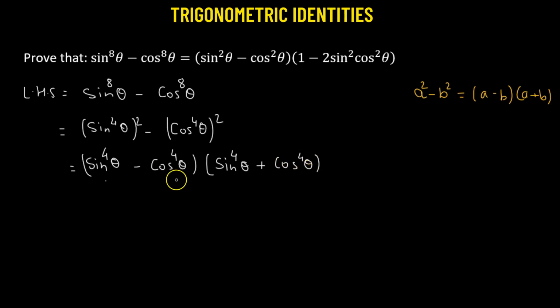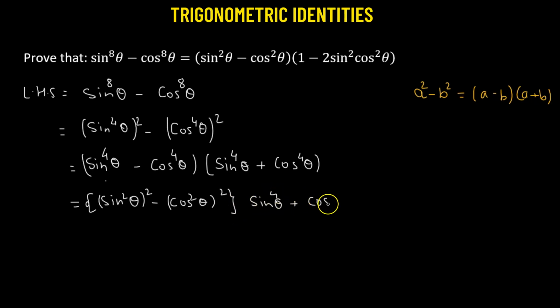Now we can again rewrite this particular expression as sine squared theta whole squared minus cosine squared theta whole squared, which will be multiplied to sine theta raised to the power of 4 plus cosine theta raised to the power of 4.